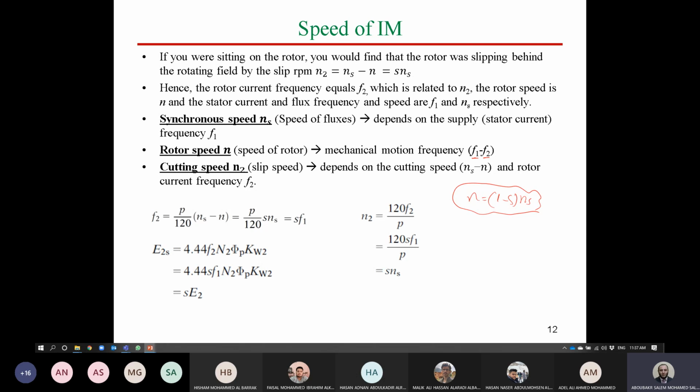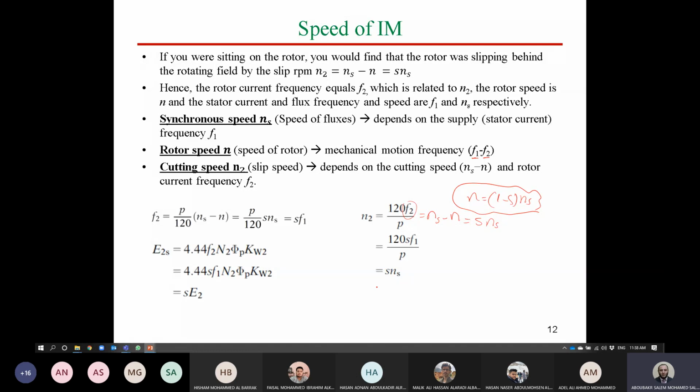So we agreed that we have N, which is the motor speed, N equals 1 minus S multiplied by Ns, and we have N2, which is the cutting speed, depending on F2: 120 F2 over the number of poles, or we can say it's equal to Ns minus N, or equal to S multiplied by Ns, and all of these are possible. So this is a derivation of N2.